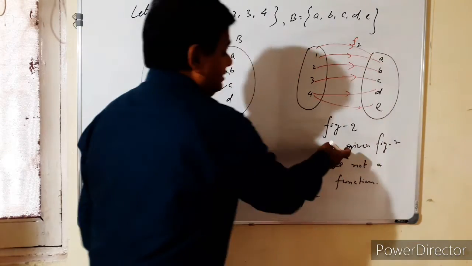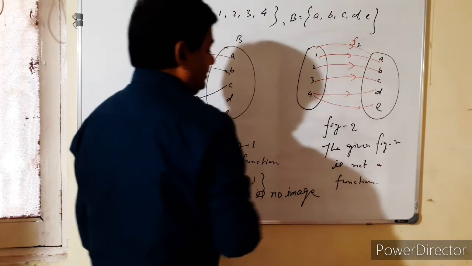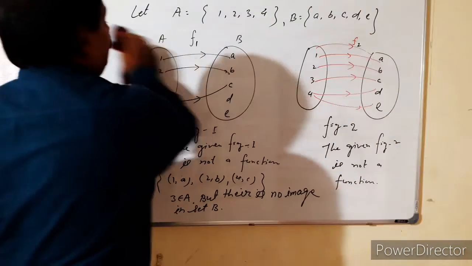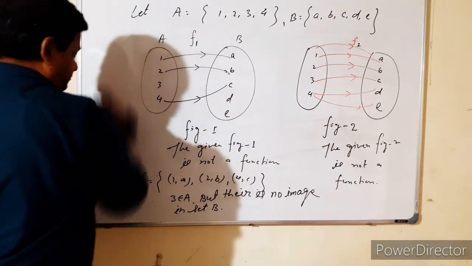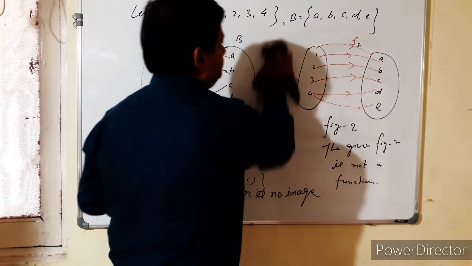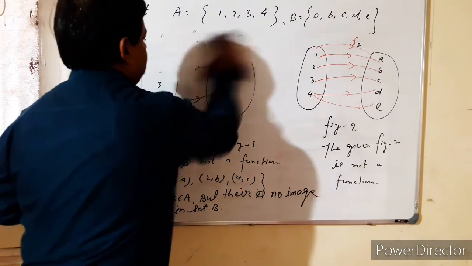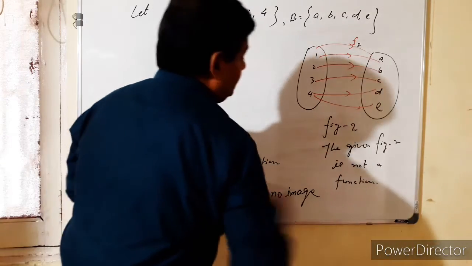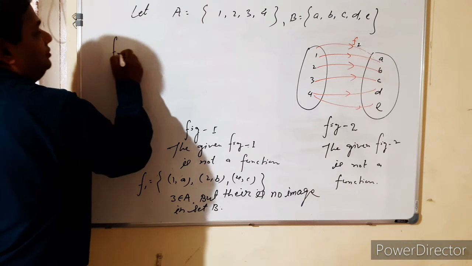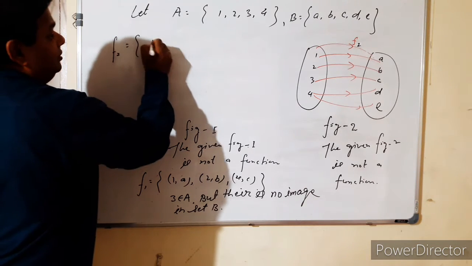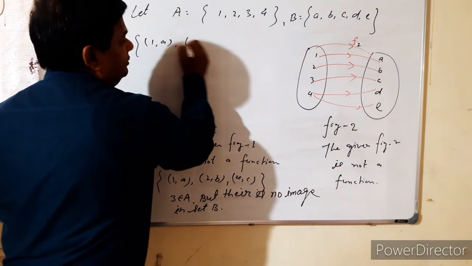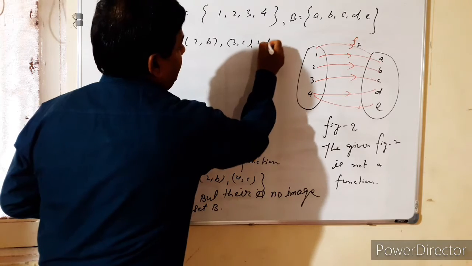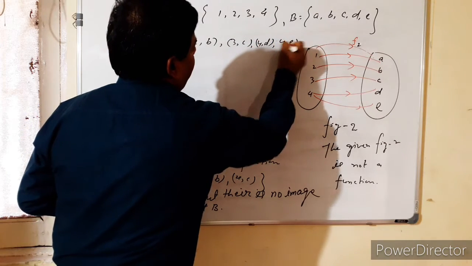Similarly, the given figure 2 is not a function because here f2 is equal to 1a, 2b, 3c, 4d, 4e.